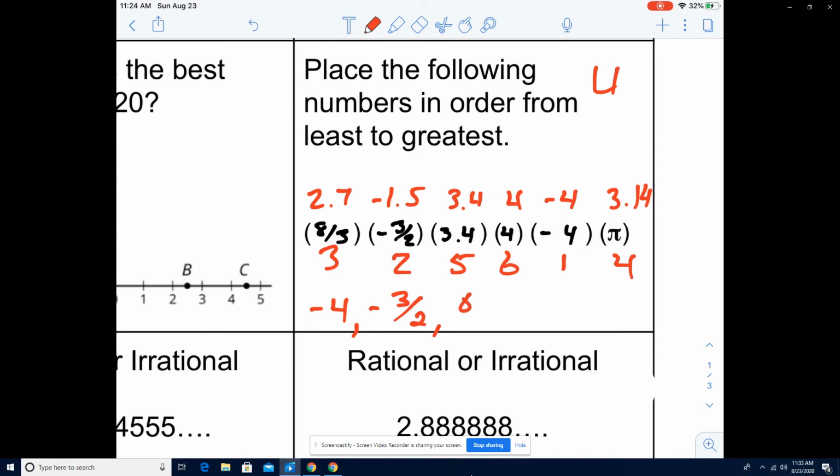Third was 8 over 3. Fourth was pi. Fifth was 3.14 or 3.4. And then sixth was the number 4. That's going to be your answer there. Take your time on these problems. It's not very hard, it's just time consuming.